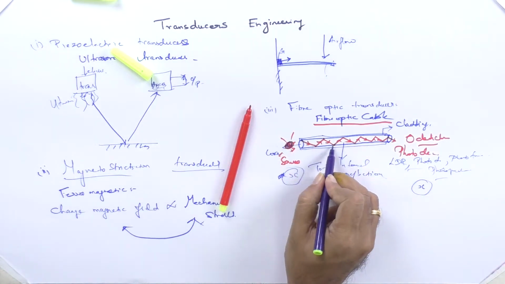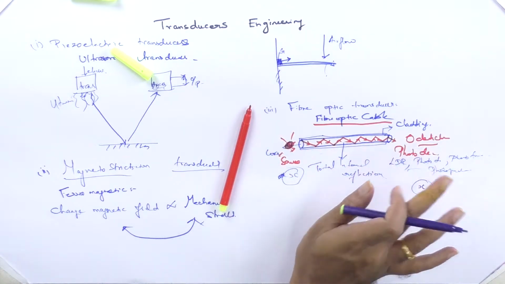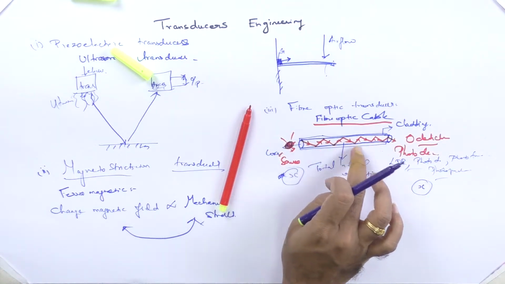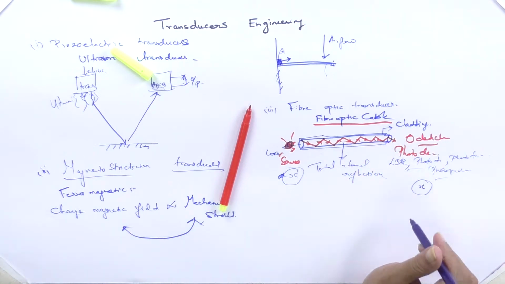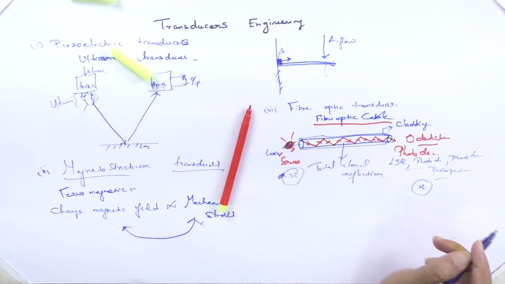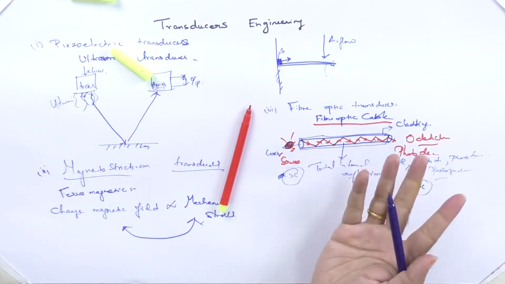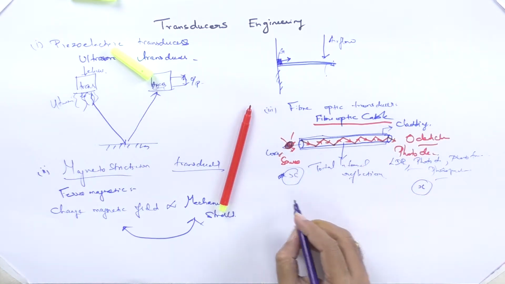But this doesn't happen if any kind of bend happens in the fiber. Then the refractive index will change and you won't get the same amplitude that you gave to the fiber, and this reduction is called noise.